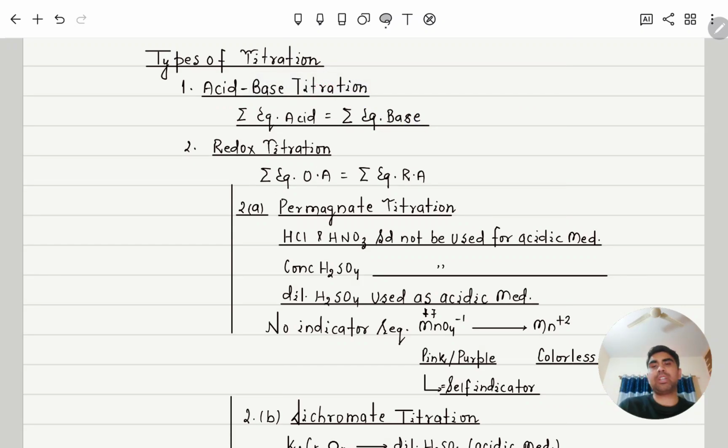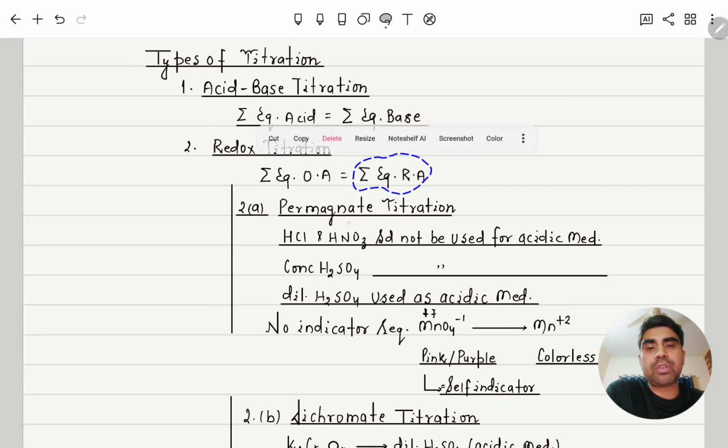Equivalents we can write as normality into volume, or molarity into volume into n factor, or n factor into number of moles. Next, redox titration: the summation of equivalents of all oxidizing agents is equal to the summation of equivalents of all reducing agents.